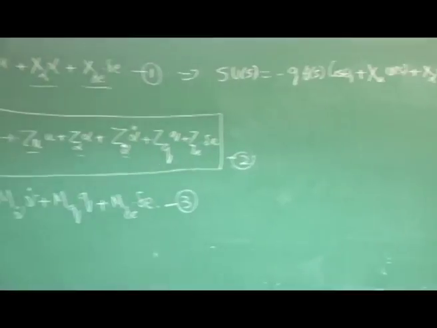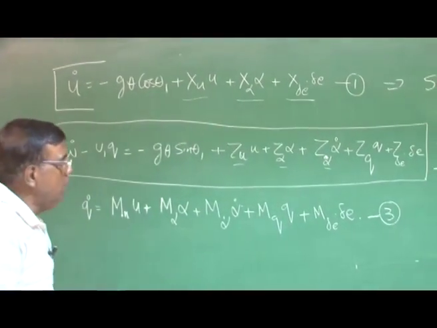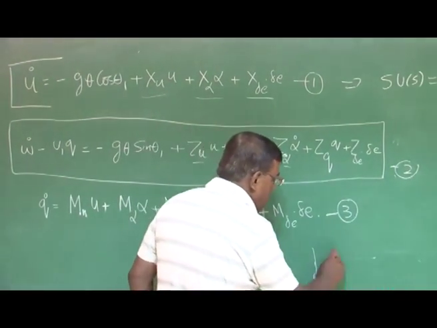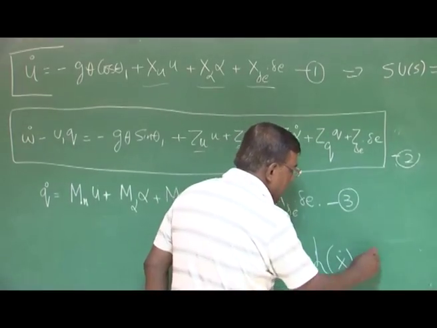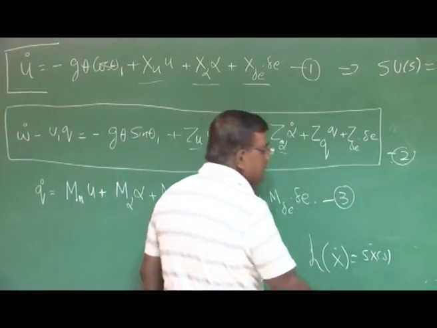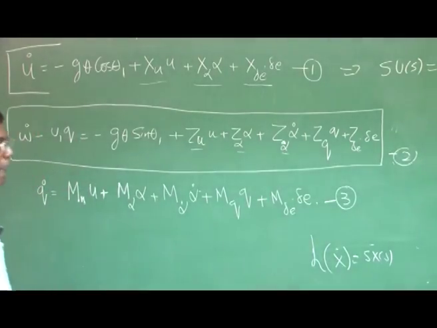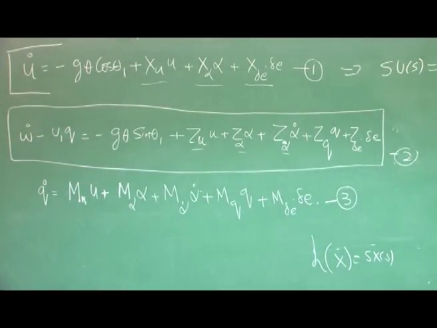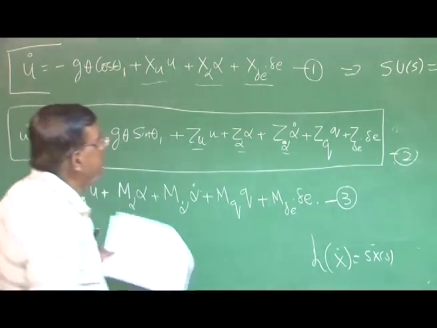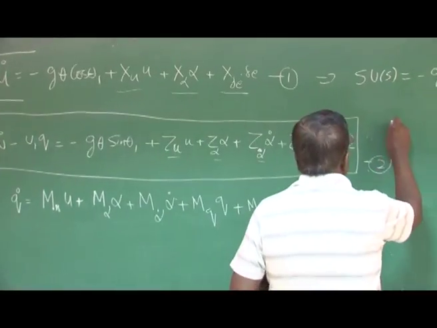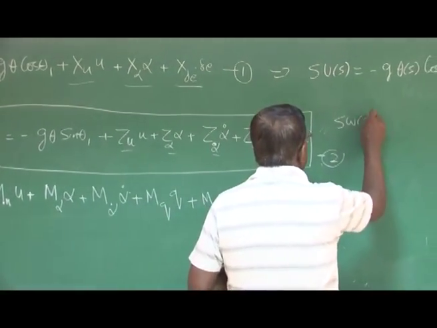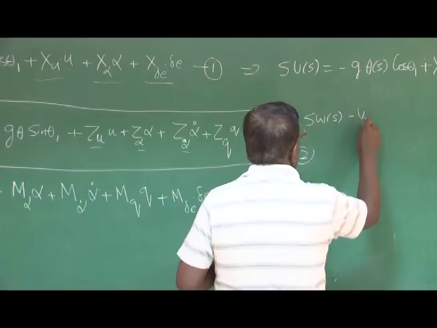Straightforward. For u dot, it is s u of s, because we know Laplace of x dot is s x of s if the initial conditions are 0. And since we are talking about linear system, the stability will not depend upon the initial conditions, so we can neglect it, right?